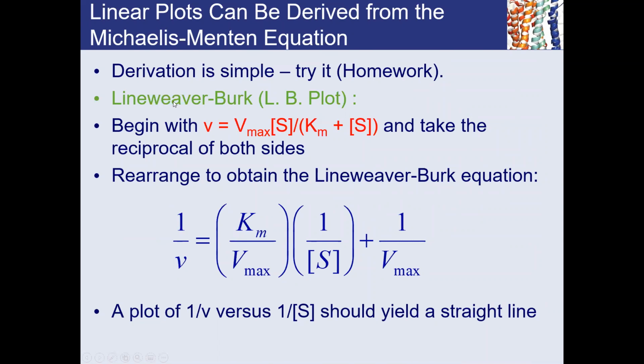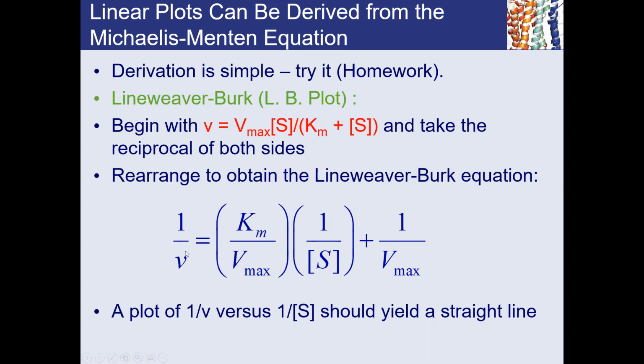All you do is take the Michaelis-Menten equation as shown here: V naught is equal to Vmax S by Km plus S. Sometimes people write V naught, or sometimes lowercase v, which basically reflects initial rates. You should know that. And so all you do is take the reciprocal and rearrange, and then you get to this equation.